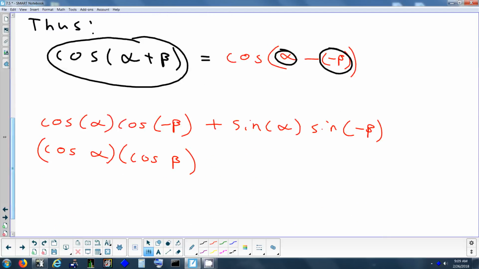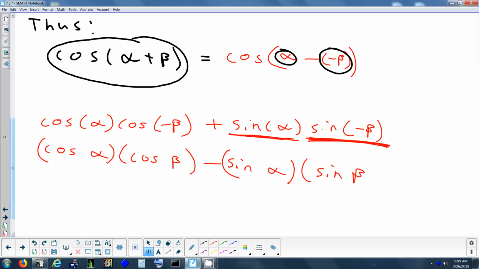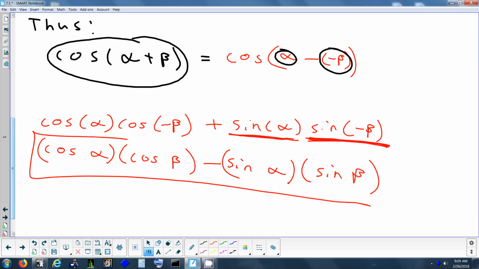I can take the negative and put it in front. So it's like multiplying sine by negative sine beta, so it's really going to be a positive times a negative, which is negative. So now you have cosine alpha cosine beta minus sine alpha sine beta. And there's your formula for the cosine of a sum.